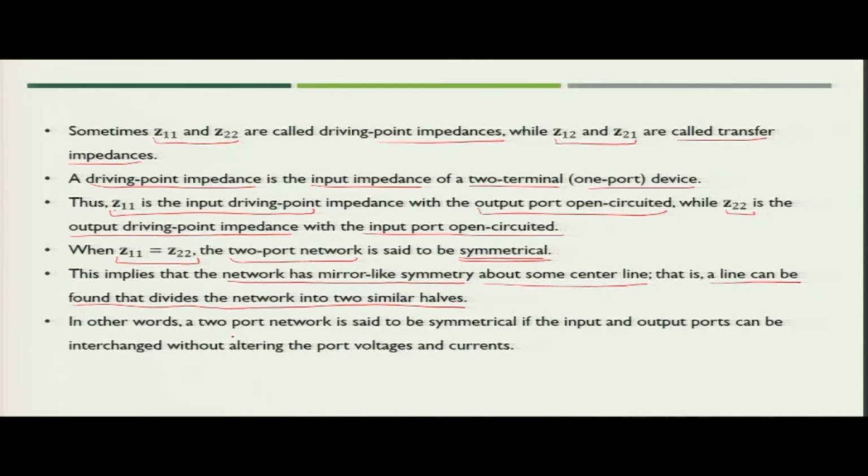So, the two port network is said to be symmetrical if the input and output ports can be interchanged without altering port voltages and currents.